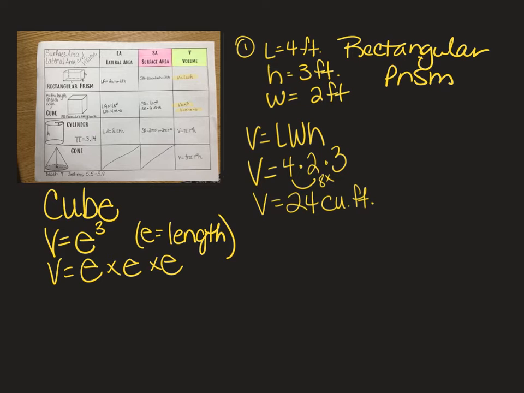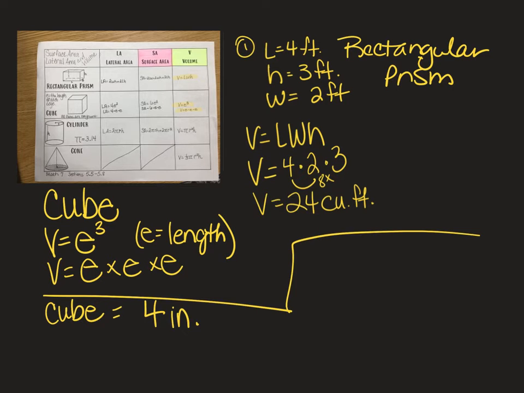Okay, so let's say that we have a cube with a side of 4 inches. So volume, I'm just going to carry it over here. So volume equals E cubed, okay? Let me finish it. So volume equals 4 times 4 times 4.